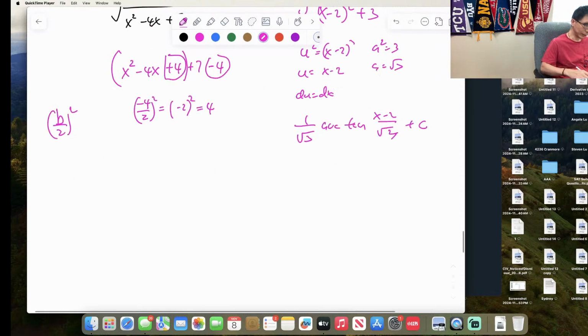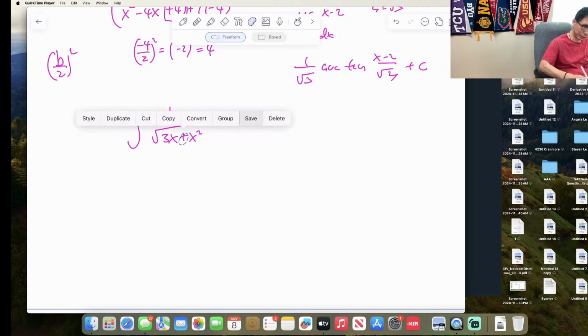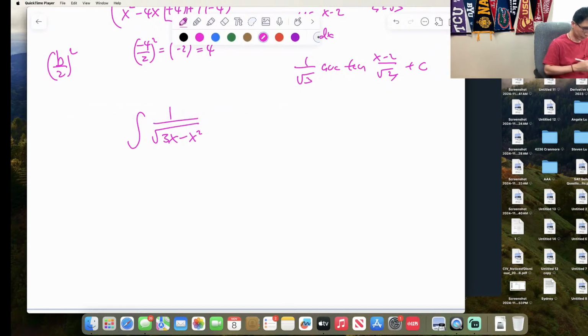All right, harder one. This is the hardest one. Now I'm going to give you a reminder. It's also completing the square, so I need you to do it. Oh, this one's a negative. Sorry, this one's negative, copied wrong. It's the integral of negative 1 over 3x minus x squared dx.